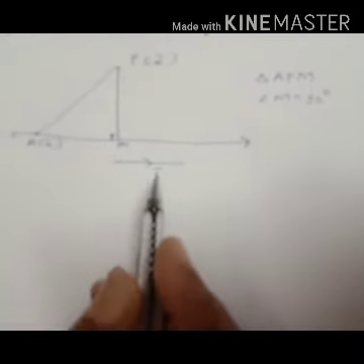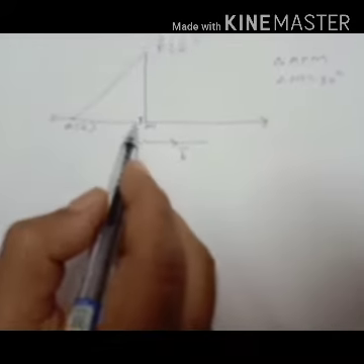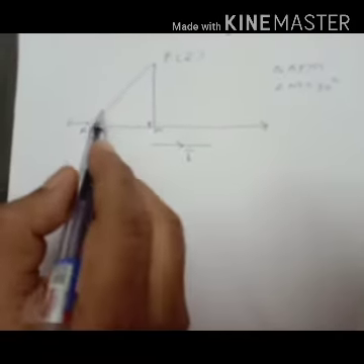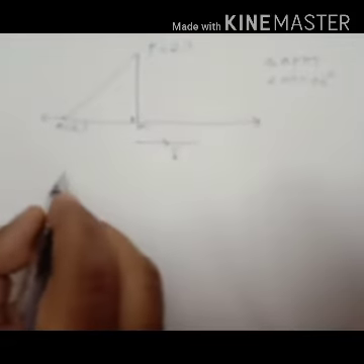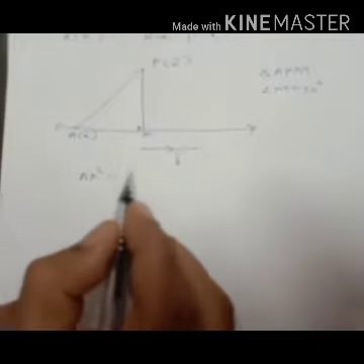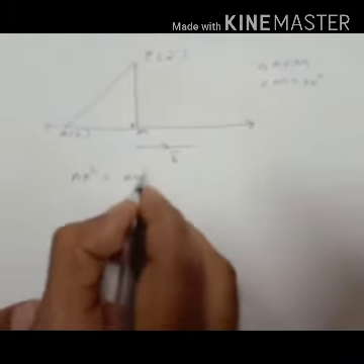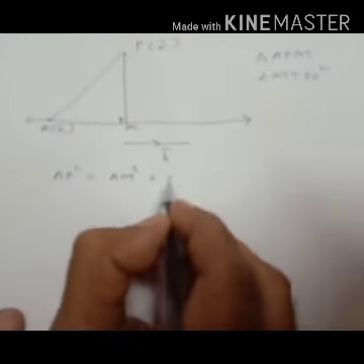This triangle satisfies Pythagoras theorem. Here the side opposite to 90 degrees in the triangle is AP. So AP is the hypotenuse. Square of hypotenuse equals base square plus height square.